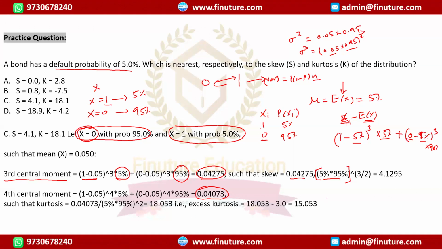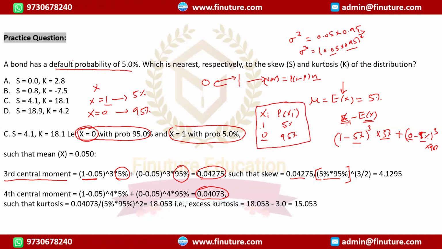Why did we use the binomial variance formula here?